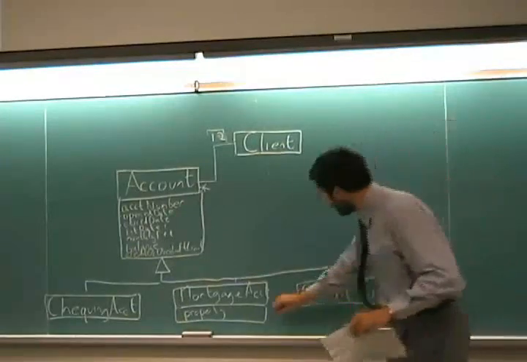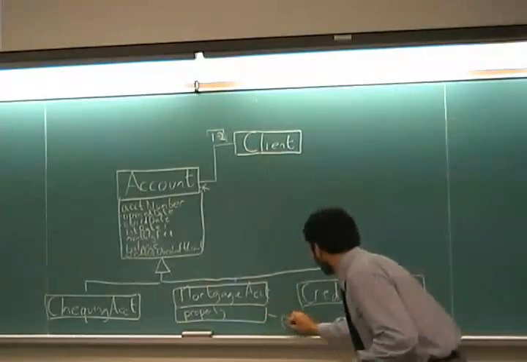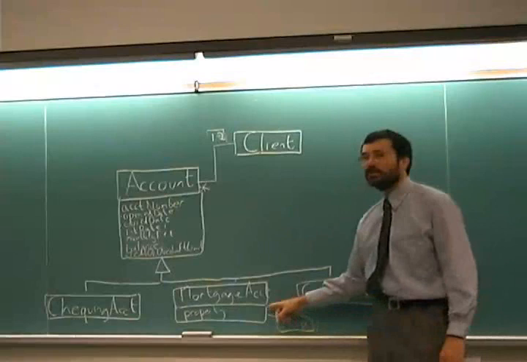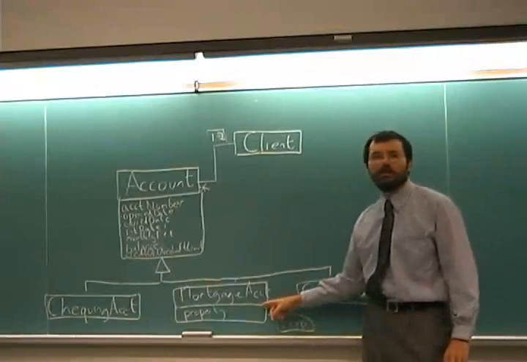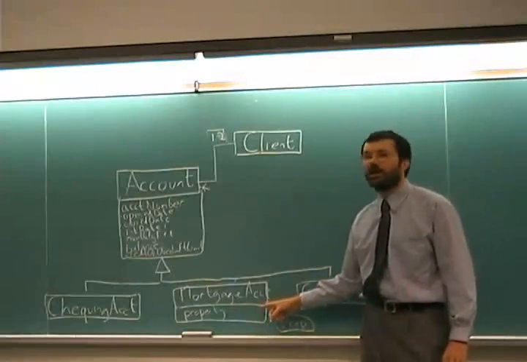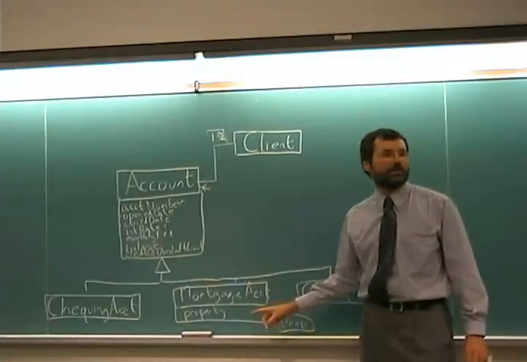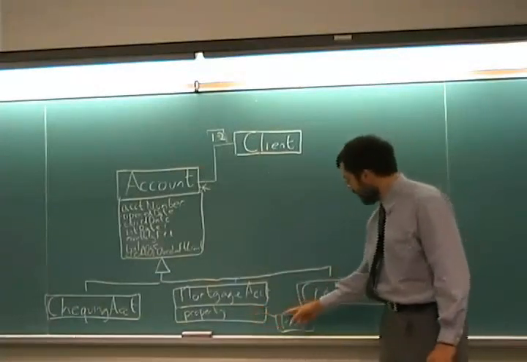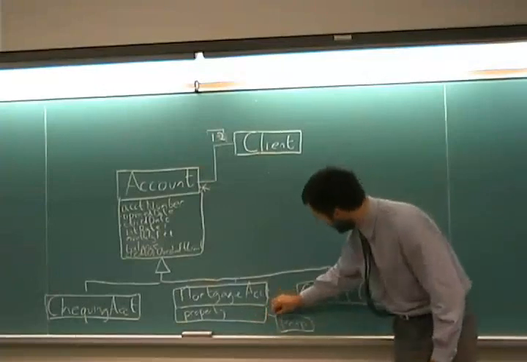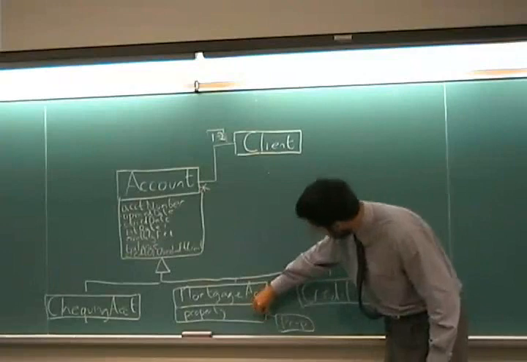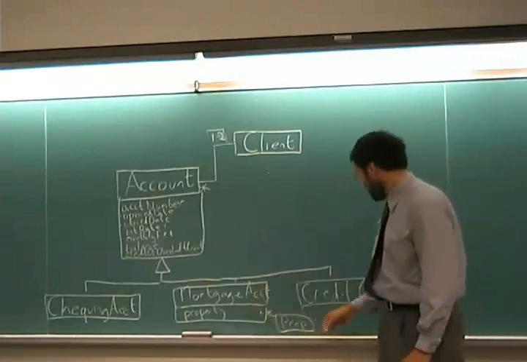If we were to make it an association to property, what would be the multiplicity? Hands up. Any ideas? One property, more than one mortgage. So one and possibly one... maybe, or maybe not.